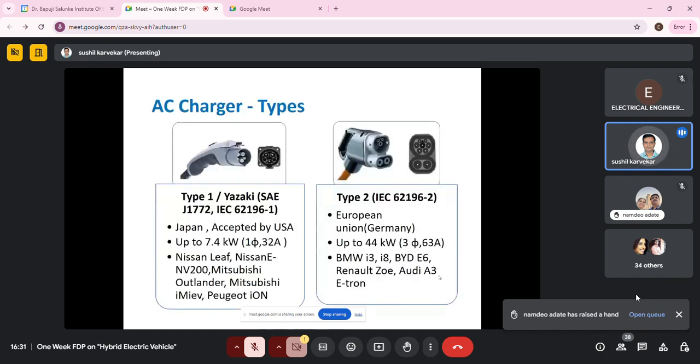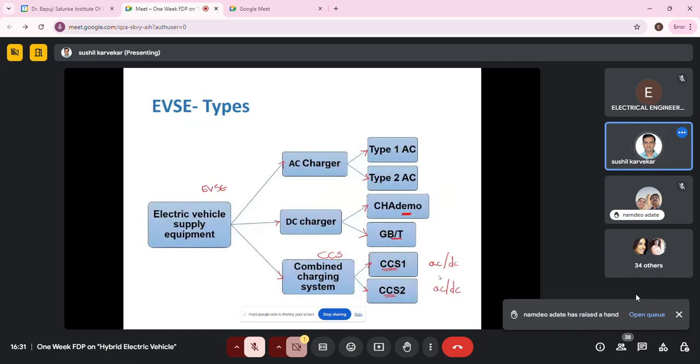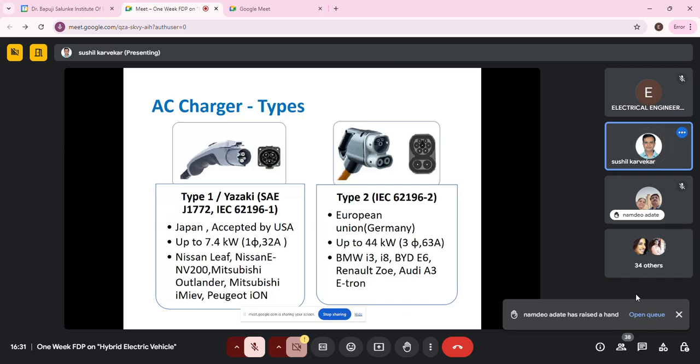Now let us talk about the first type, type 1 AC. The power we can get at the maximum is 7.4 kilowatt, and the current which can be supported by the charging system is around 32 amps, which is quite sufficient.